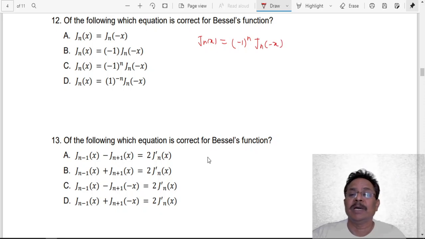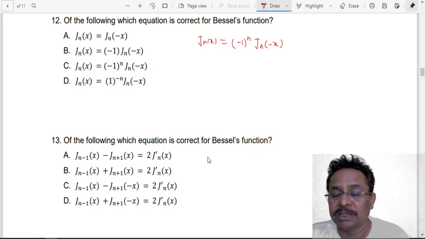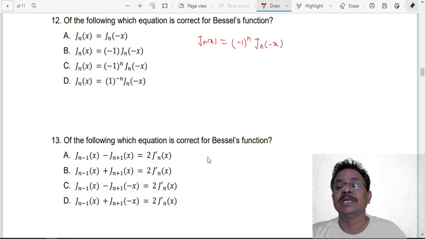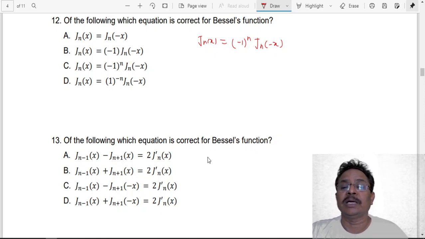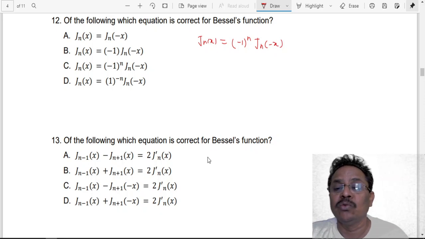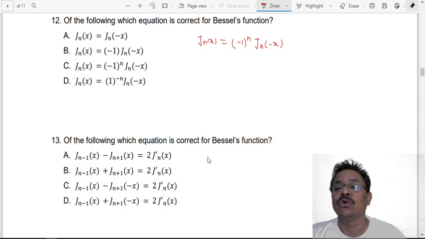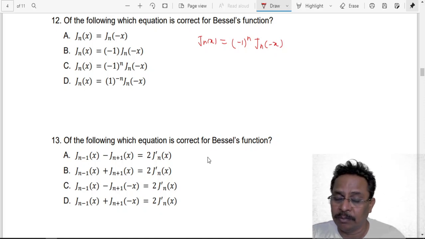So replace x by minus x, that is called the reflection in space, and I will get minus 1 raised to n. Depending on that, J0 of x is equal to minus 1 raised to 0 into J0 of minus x. So minus 1 raised to 0 is 1, and therefore J0 of x and J0 of minus x have the same sign, so they have even parity.